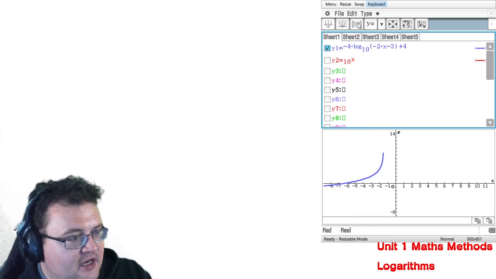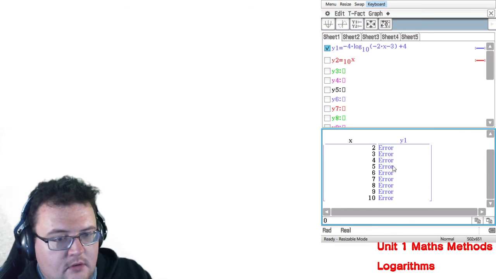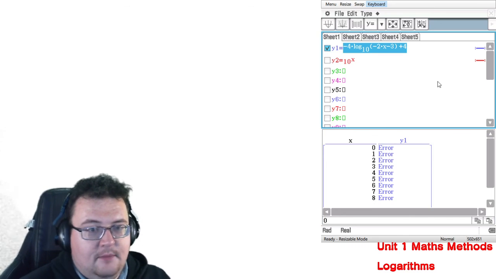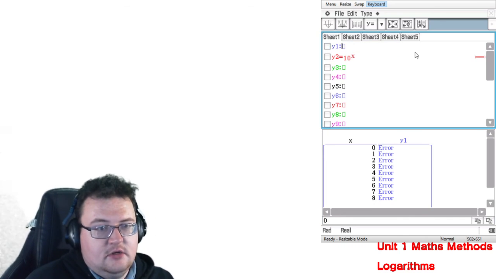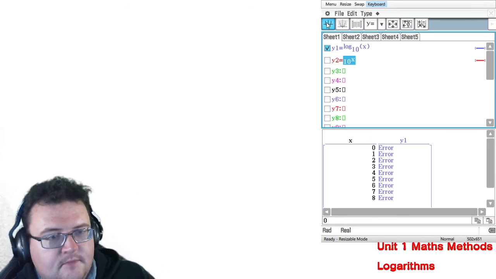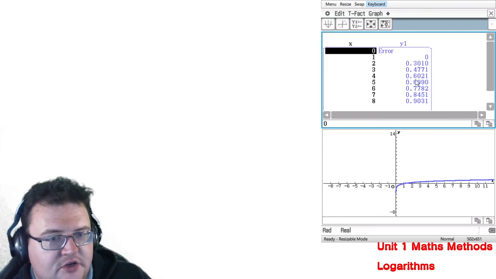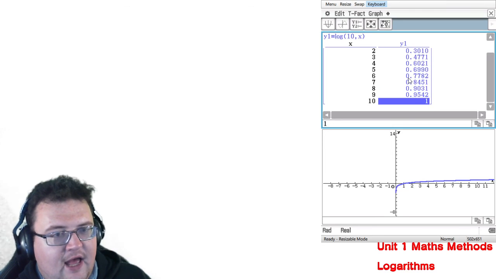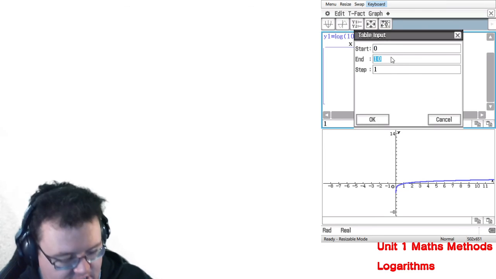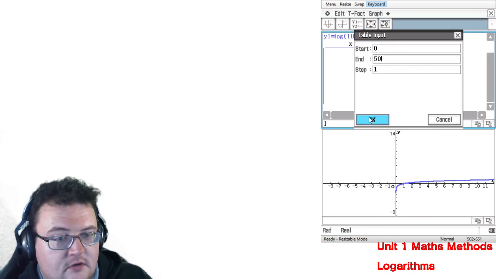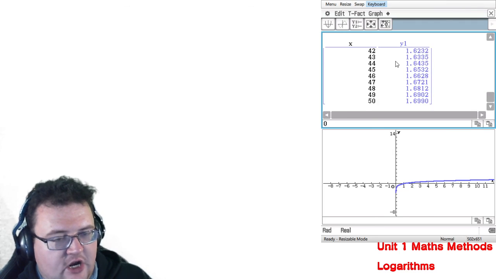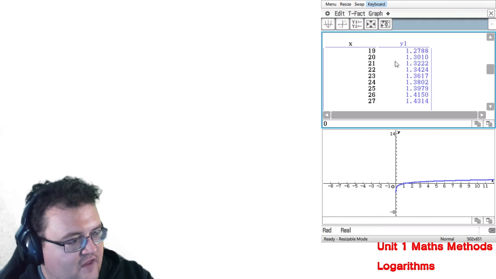If you press this button here, obviously depending on which equation that you're using, so for example, if I went up in here and I just did log 10 of x, and I put that in, I do a table of values, it will tell me what I need to know, and then I can change it and get it to say go to 50, and it will give me the values that I need, and it will just generate everything I need to help me draw that graph precisely.